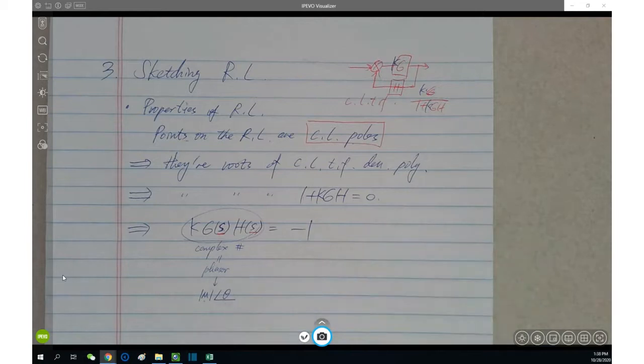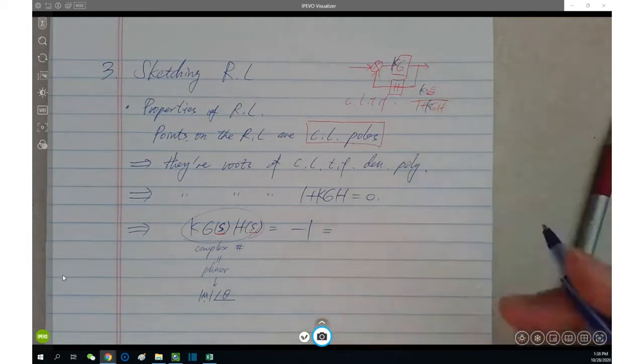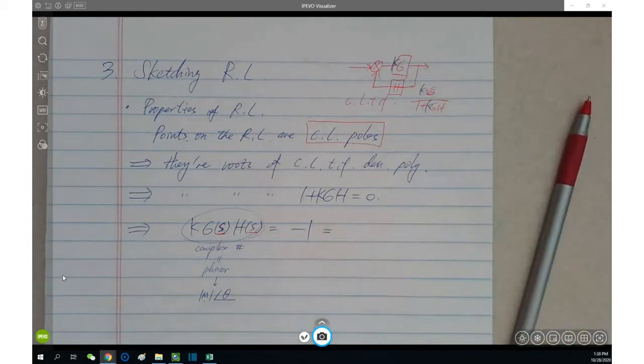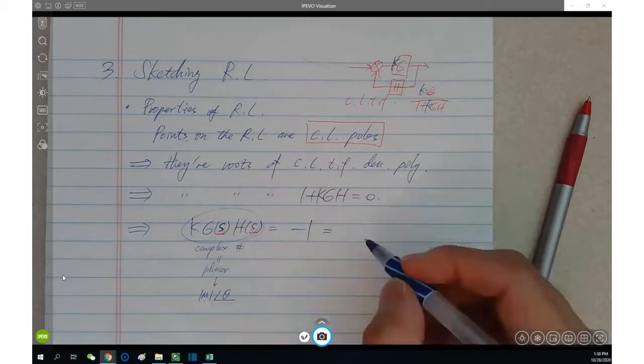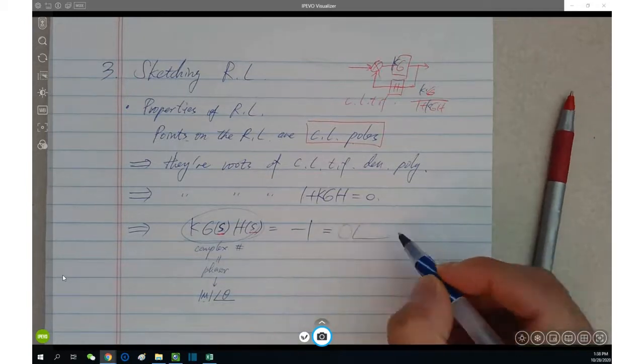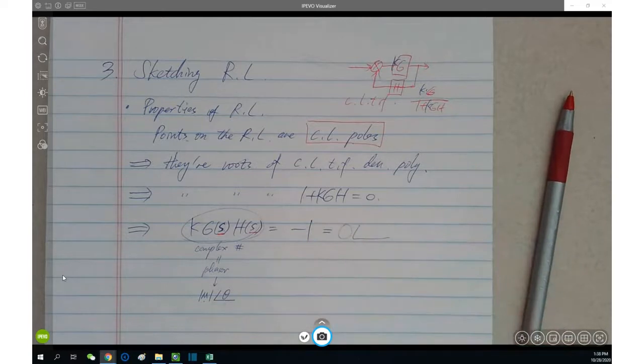And -1 is what, in terms of phasor? -1 equals what phasor? What is the magnitude? And what is the angle? Anyone knows? -1 equals a phasor. Of course it does, because -1 is a real number. However, it's a special type of complex number.